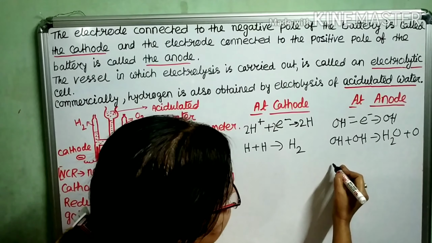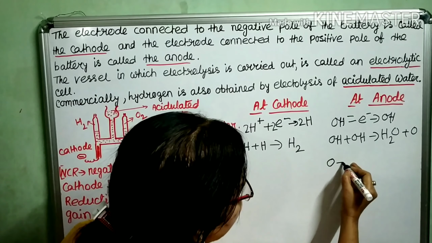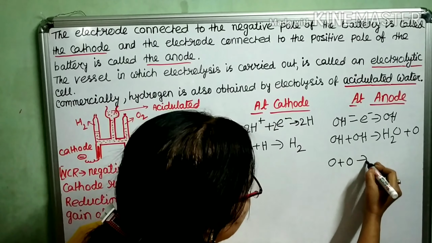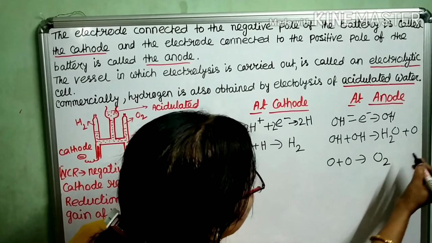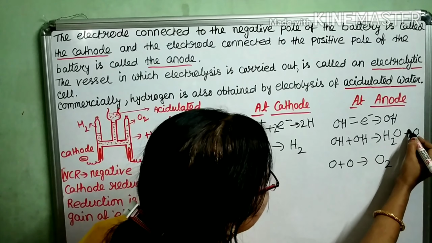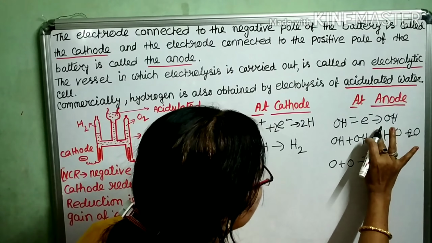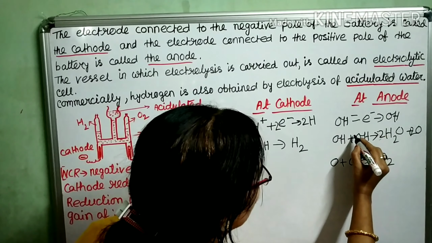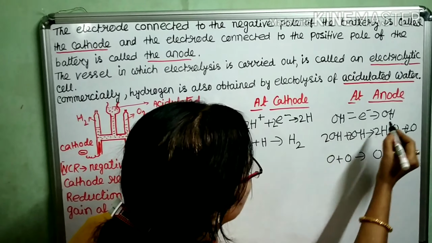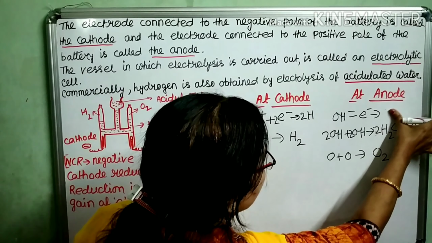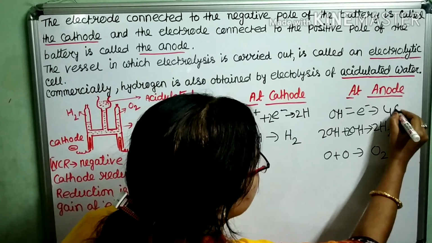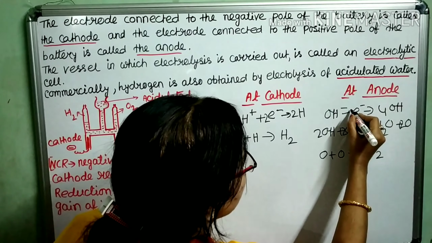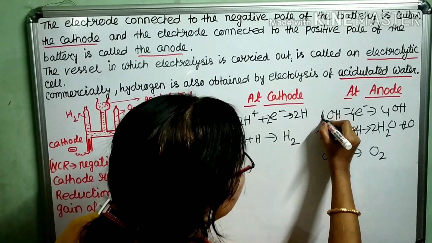It cannot exist independently, so it needs another oxygen to form O2. Now for balancing the equation, here 2, also here 2, 2, 2. Now 4 OH, here also 4 and 4.